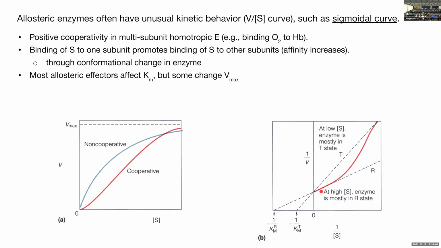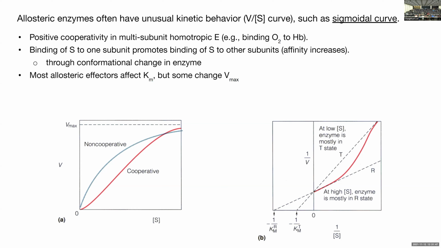Somewhere I actually have written here that the curve is the ratio of Km and Vmax, right? So it will change the Km value, but it will not change the Vmax. And Km is basically the ratio of the ES complex, which is in a transition state, and the separate enzyme and substrate, right? So it changes the affinity of the enzyme for the substrate, which means it will easily form the ES complex.